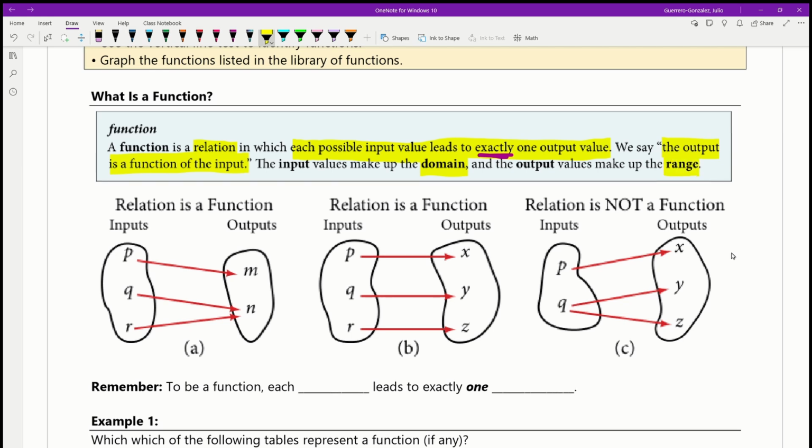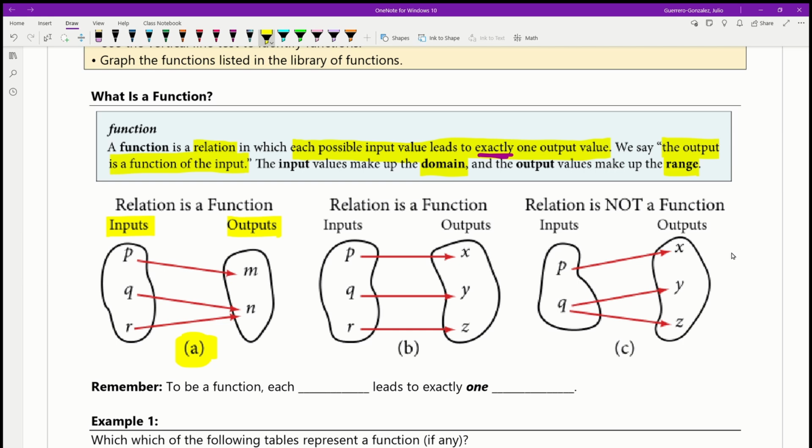So this sounds a little complicated. Like I said when I was explaining the syllabus, it's best to explain it using little blobs. For example, this one right here, letter A, is a function. Notice that every one of my inputs goes to exactly one output.